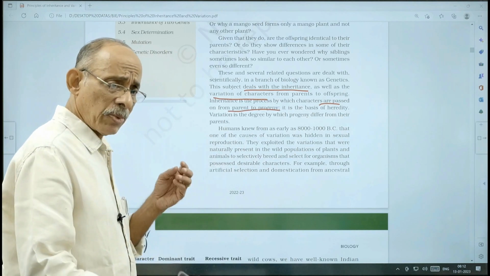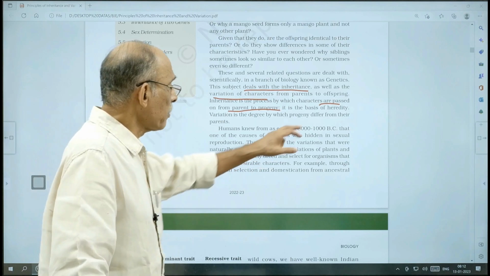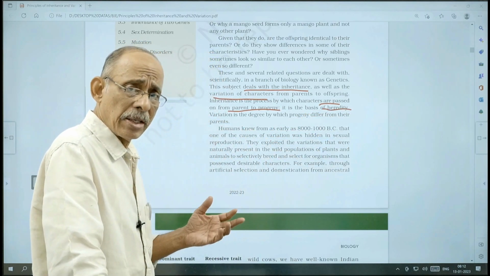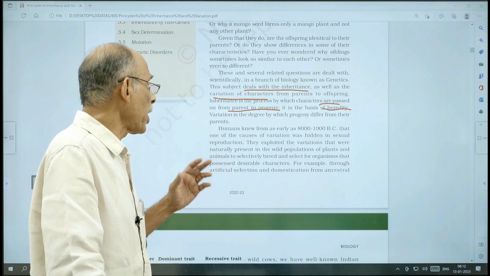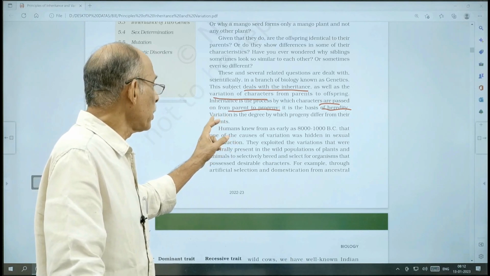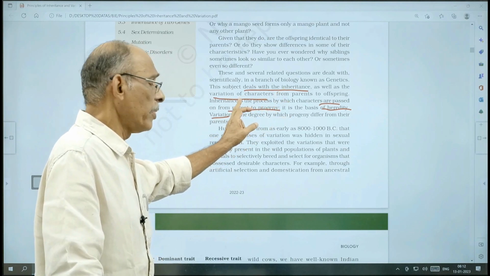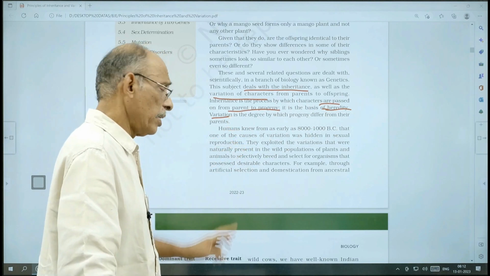Inheritance means what we inherit from our parents, that is our genetic material, which forms our heredity, and variation is lack of similarity, how each individual is very different from its parents. That is lack of similarity, that is variation. So genetics is inheritance and variation, or it is the basis of heredity and variation.